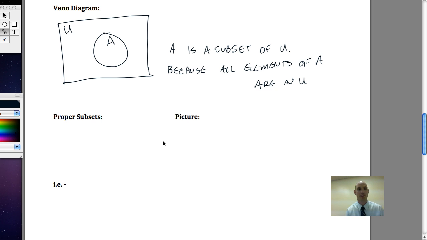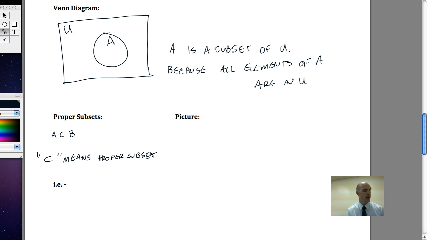This leads us to our next discussion of proper subsets. A proper subset would be denoted like this. A is a subset of B, but it's a proper subset. So this symbol here, the sideways U, means proper subset.